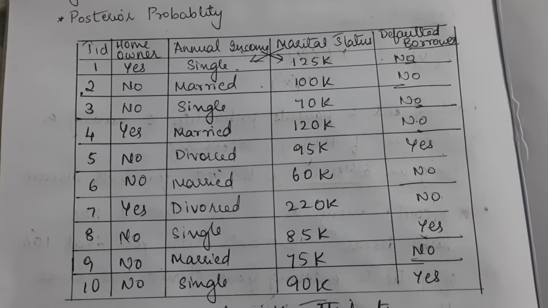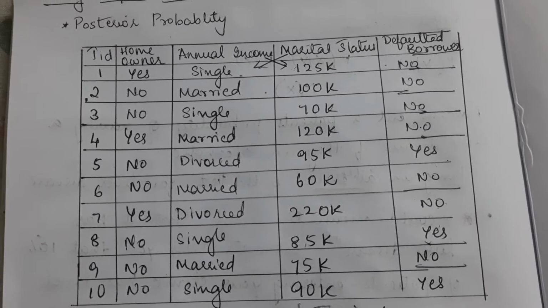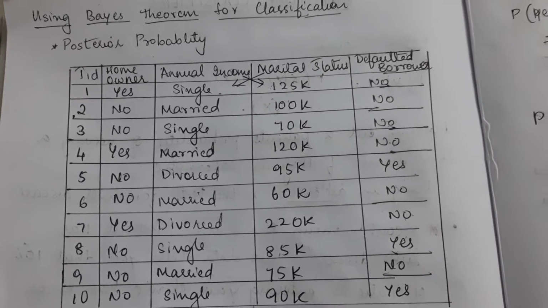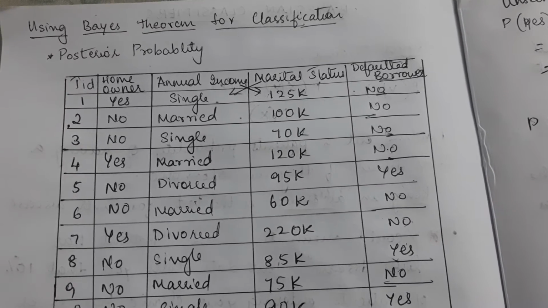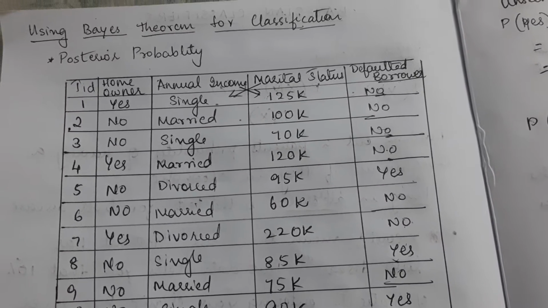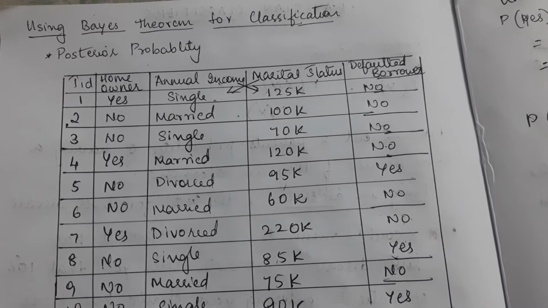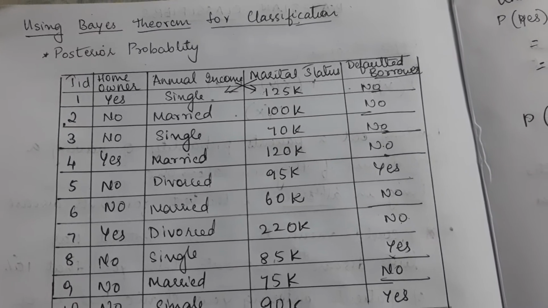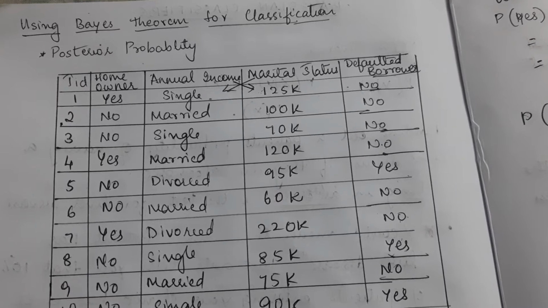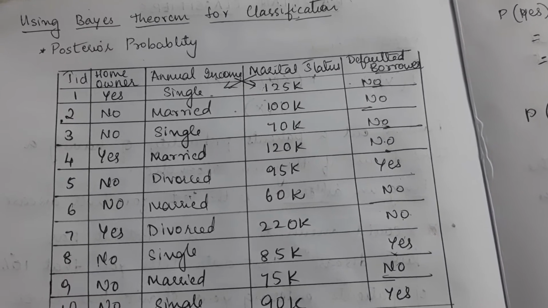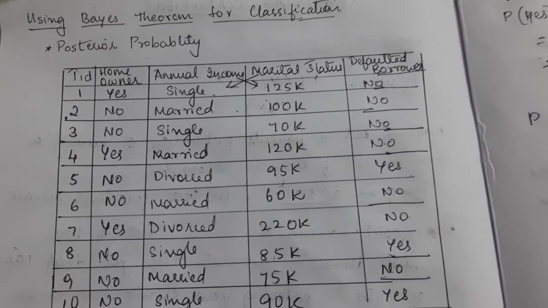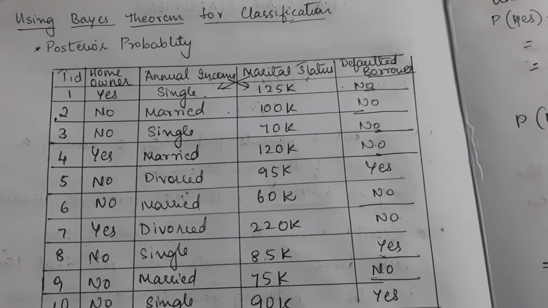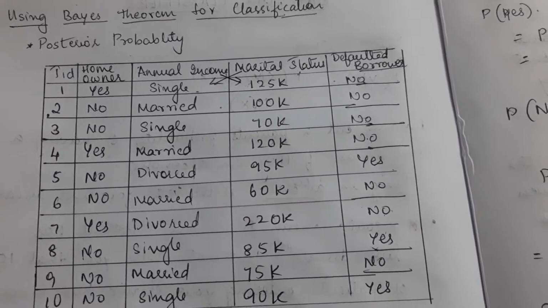Now we define a term called posterior probability here. Posterior probability of a random event is a conditional probability which we assign after some relevant evidence is taken into account. So for classification we have to define what is a posterior probability. I'll tell you what a posterior probability is in simple terms.